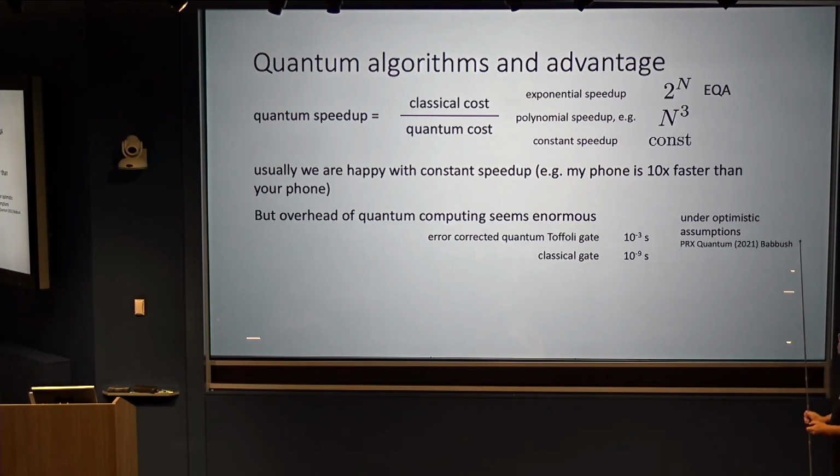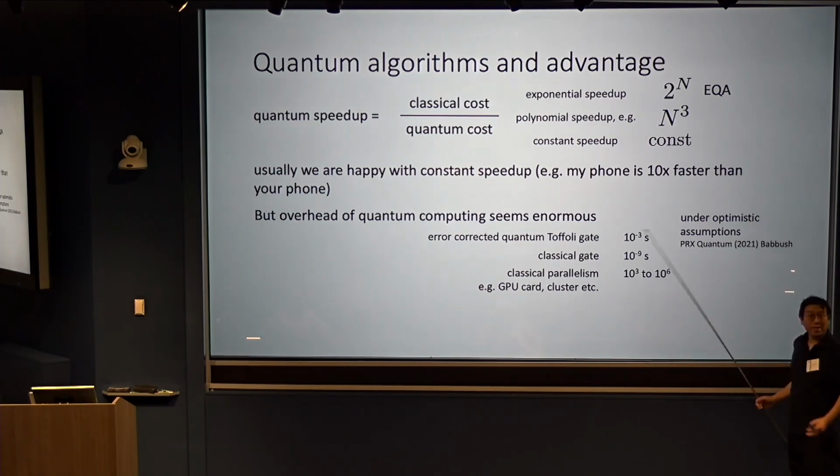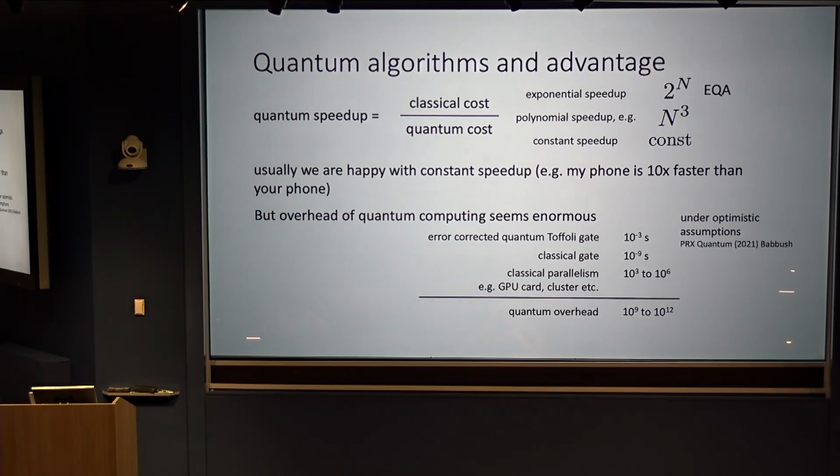And so it's much easier to take advantage of parallelism in classical computers, right? So if you just take a GPU card, it has, in fact, many thousands of computational cores on it already. And so if you combine this classical parallelism advantage with the advantage in the gate speed, then you have this overhead of, say, 10 to the 9 to 10 to the 12, which a quantum computer has to beat.